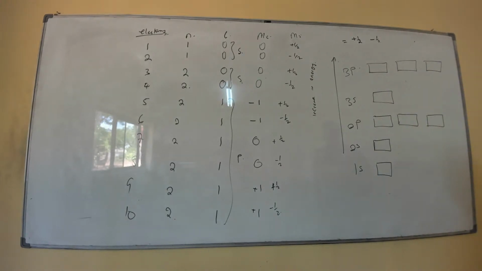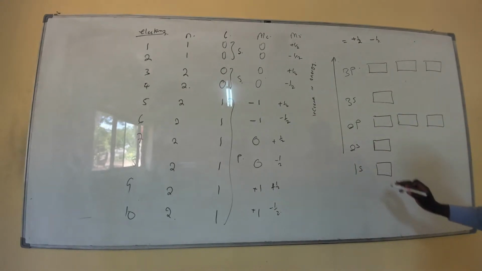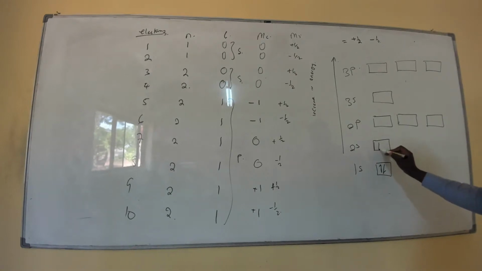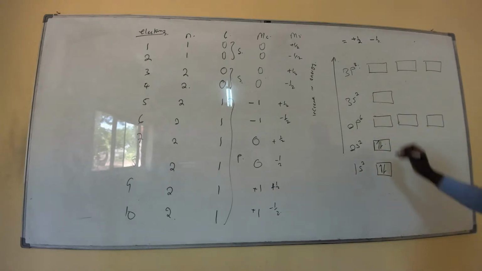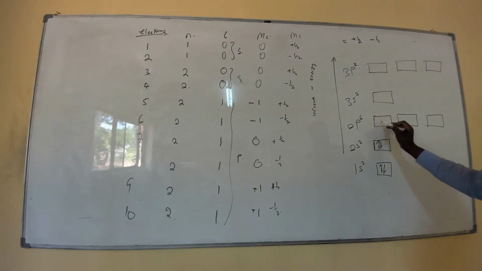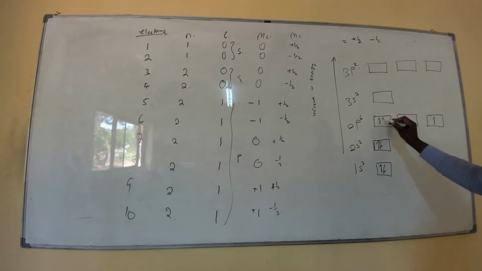So what we get now is that in the one S there are 2 electrons with opposite spins, so there's one pointing up, one pointing down. Up, down. Here there are 6. So this is 2, 2, 6, 2, 3. Here is first singly filled, 1, 2, 3. Then you start pairing them.